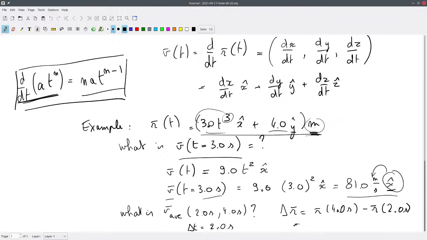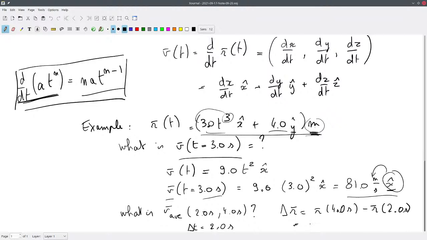So if we calculate this delta r, we'll get an x component, so we'll get 3 times 4 to the third power minus 3 times 2 to the third power. That's going to be our x component. And our y component, we'll get the same thing again. So 4 for the first one and 4 for the second one. So we'll end up with no y component.